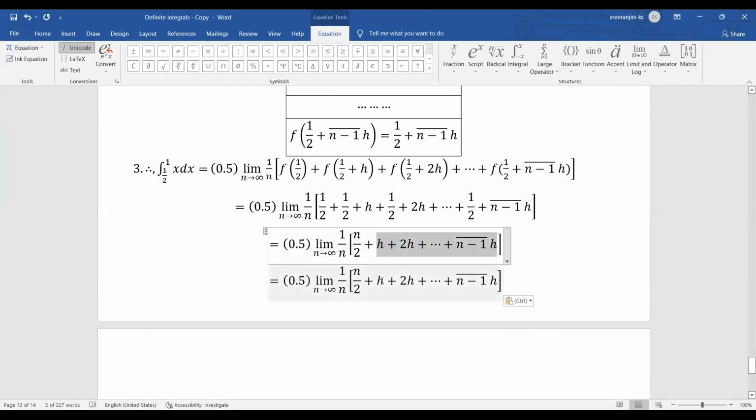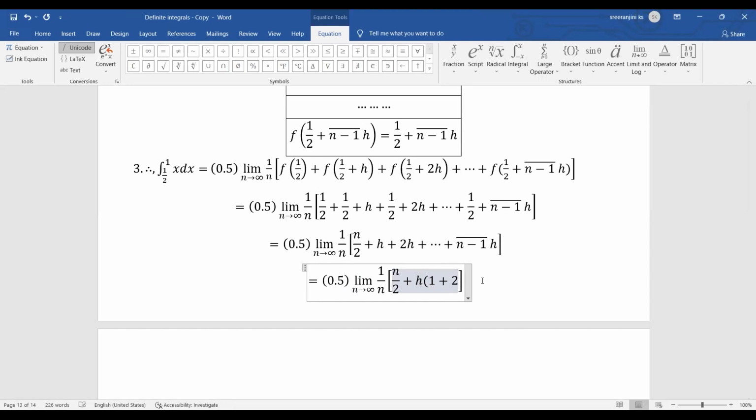So I'm taking h outside. So it will be h into 1 plus 2 plus 3 plus etc. plus n minus 1. Rest you can complete. Is it okay?